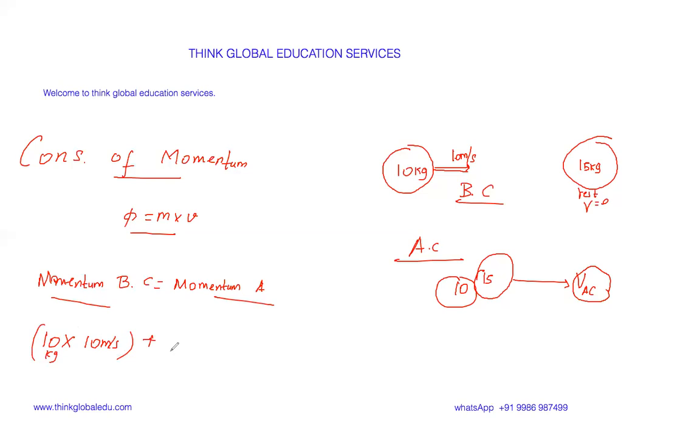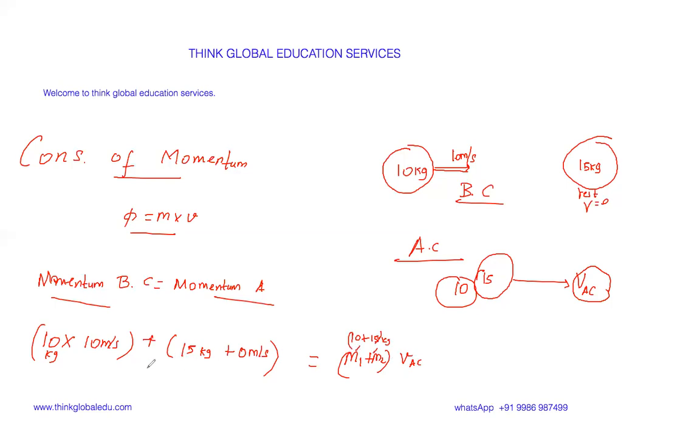Its mass is 15 kilograms and its velocity is, as it is at rest, 0 meters per second. This must be equal to momentum after collision, which is the mass of the first object plus the mass of the second object, times the velocity of the objects after collision. That is 10 plus 15 kilograms.